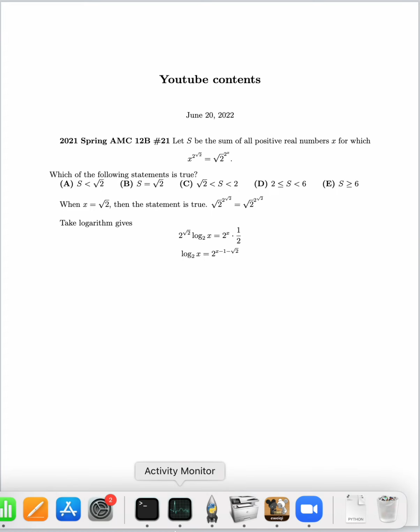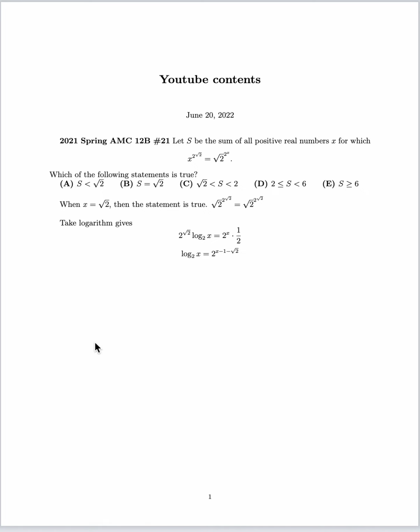So we know that one of the intersections is square root of 2, and before that, which of them is larger? We can see that if you have 2 to the x minus 1 minus root 2, then you basically multiply it by 2 to the negative 1 plus root 2, which is obviously less than 1.